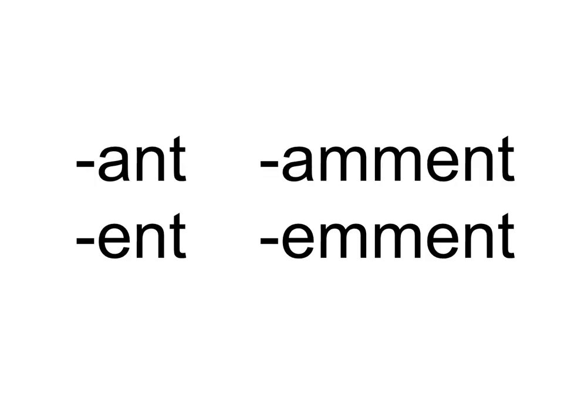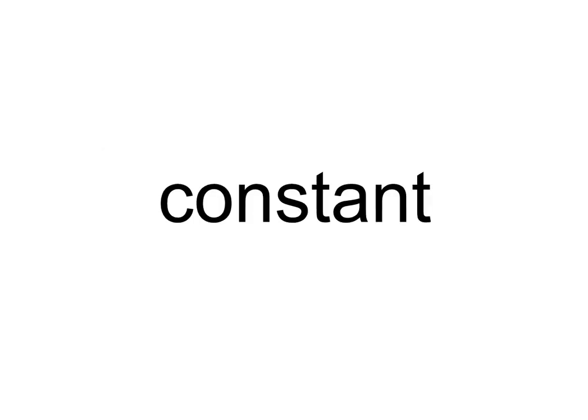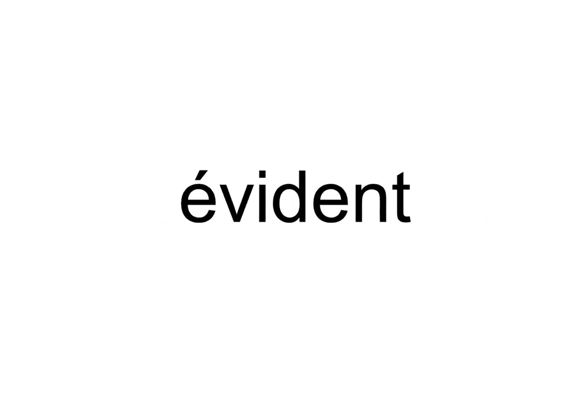There are special endings when the adjective ends in ant or ent. So you have ant becoming amment, and ent becoming emment, correspondingly. So constant, constantly would be constamment. Évident, évidemment. And some are just regular, and basically you just really want to memorize all of these adverbs.